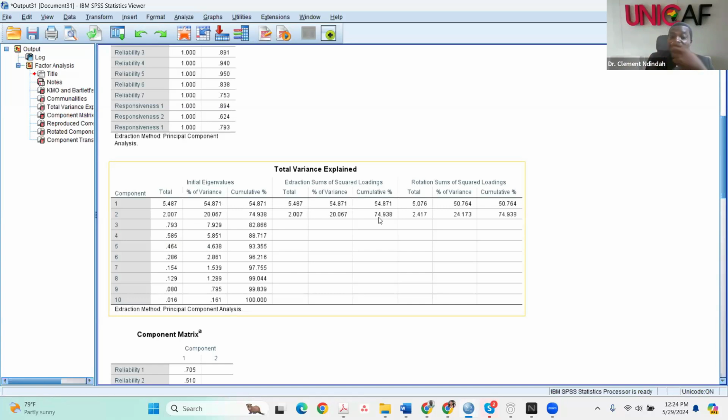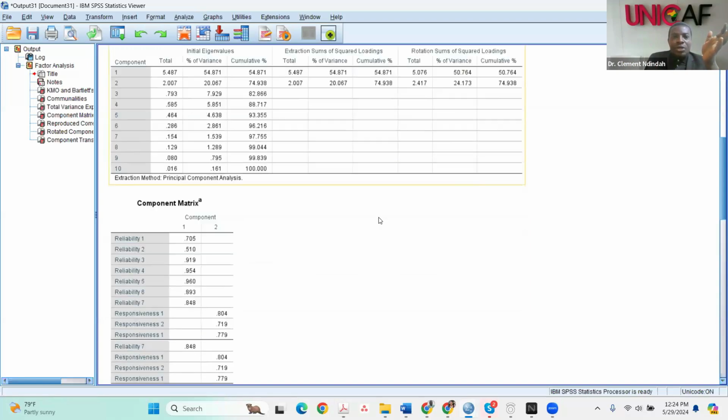So it's already telling us that we should have two factors coming out of these 10 variables, or two groupings of the variables we initially had. Okay, good.